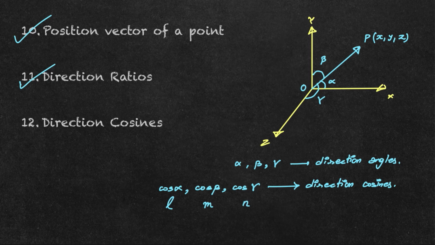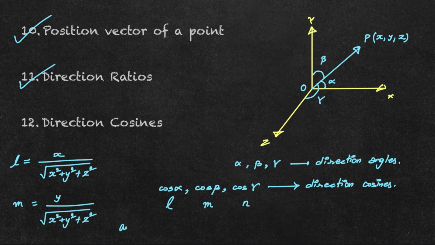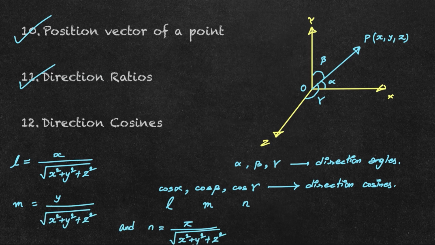And for all these direction cosines we have one formula, that is this l, that is cos alpha, can be written as x divided by square root of x square plus y square plus z square. m equals y over, and n equals z over, square root of x square plus y square plus z square.